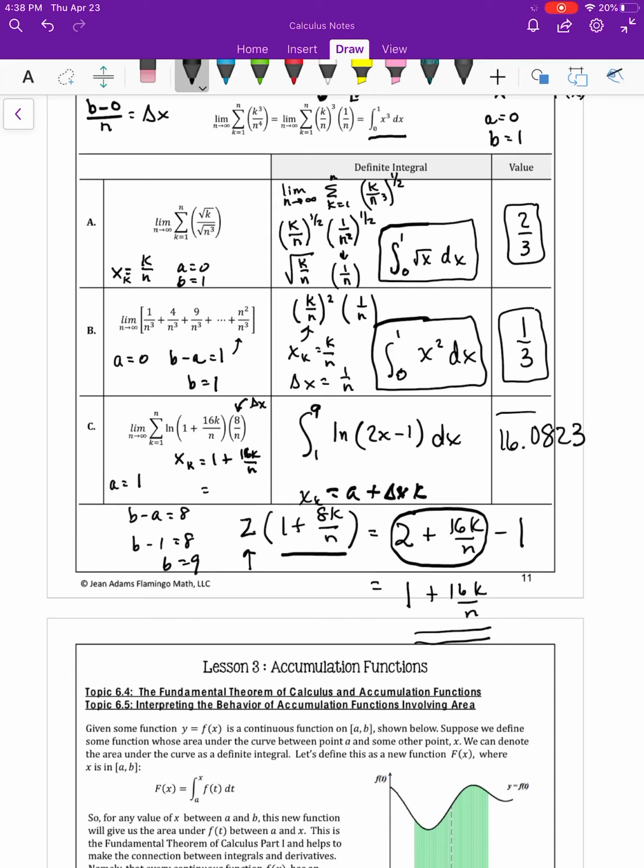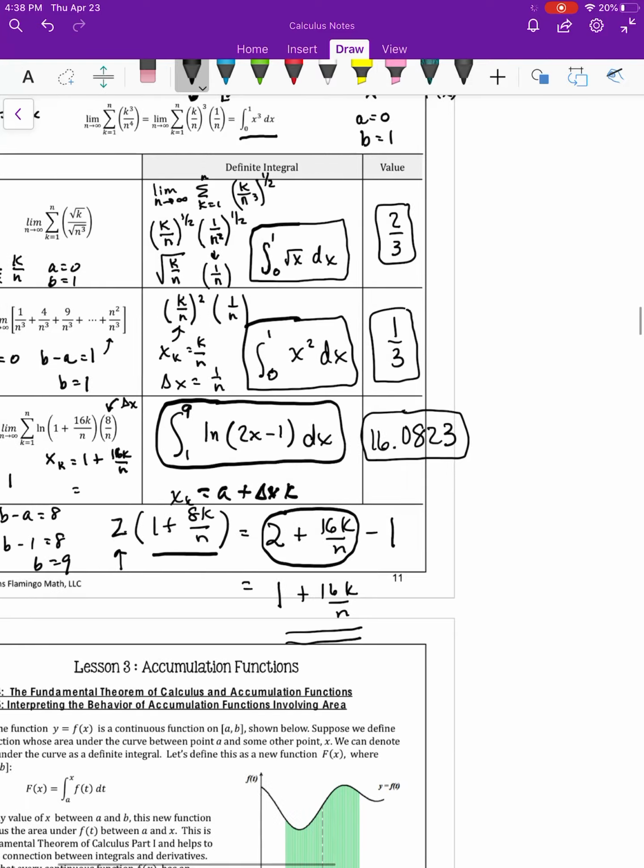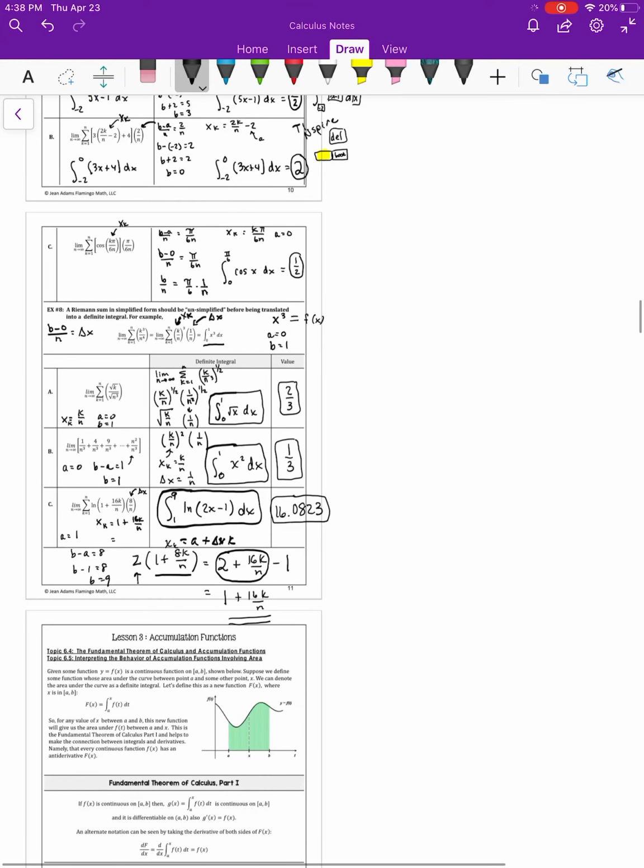If it would have just been 8k over n, we could have quit. But we couldn't do that. We had to dig a little bit deeper because it wasn't just 8 over n there. So now if I take this and put it in my calculator, I'm going to get 16.0823. So I had my integral from 1 to 9, and it was equal to 16.0823.